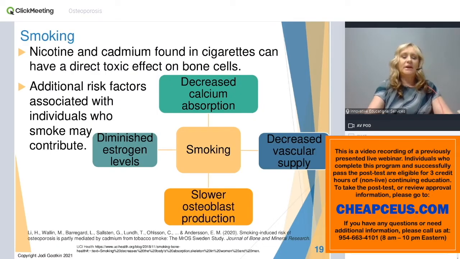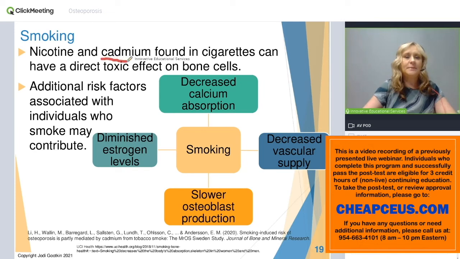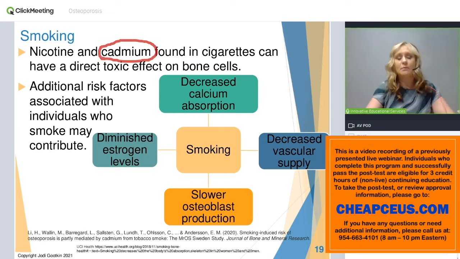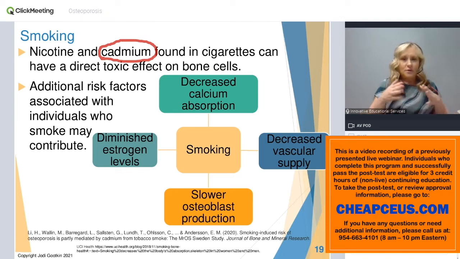Smoking, we know, has many negative consequences throughout our body. Specific to the topic that we're discussing today, not only nicotine, but cadmium has been found to have significant toxic effects on our bone cells. There was a 2020 Swedish study that looked at elderly men. They looked at almost 900 men who they followed over a period of 12 to 16 years, well into their 70s and 80s.